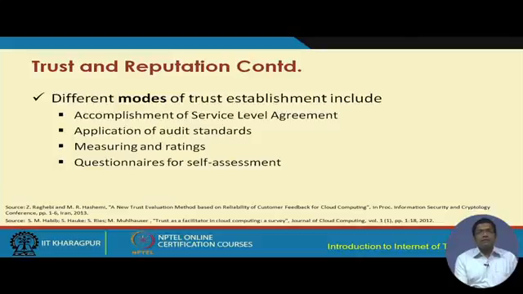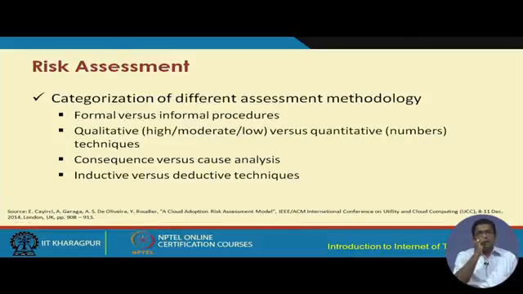Next, risk assessment: categorization of different assessment methodology, formal versus informal procedures, qualitative versus quantitative methods. Qualitative means high risk, moderate risk, low risk, versus quantitative means numeric risk figures.